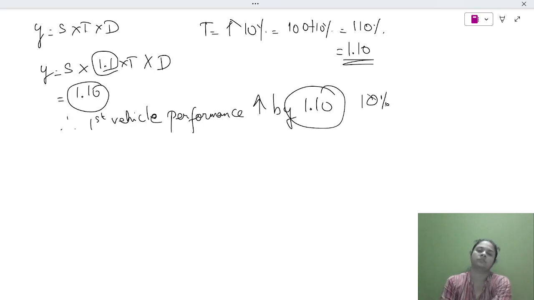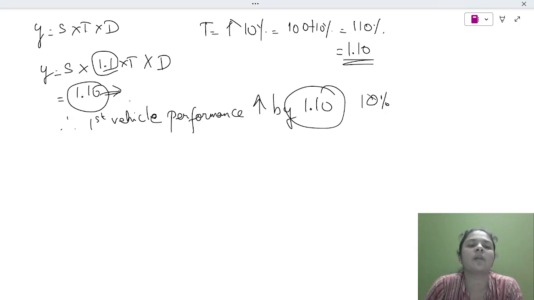Ma'am, can you repeat once again, ma'am? See, they have given the formula as speed into time into distance for the yardstick. Now, time alone is changing. So, time alone I am multiplying. So, what happens? The yardstick has a multiplier factor of 1.10.